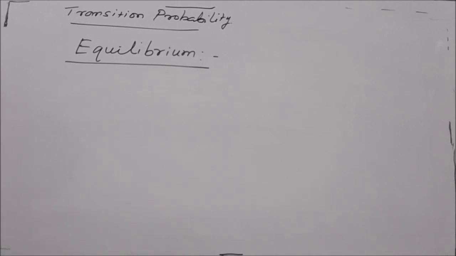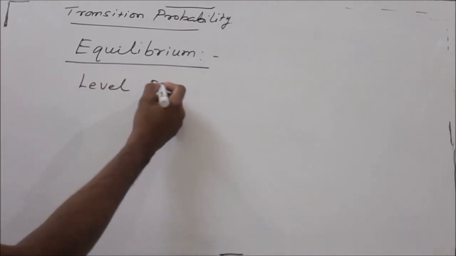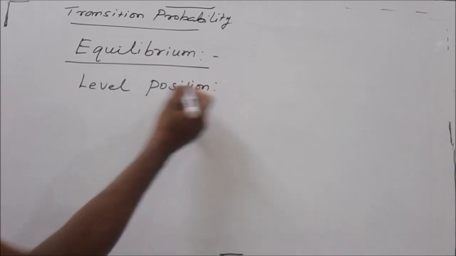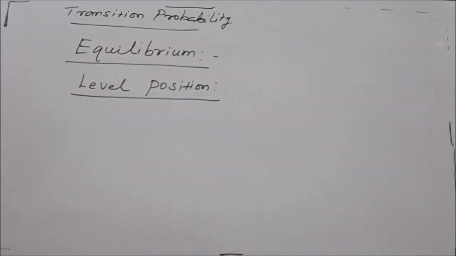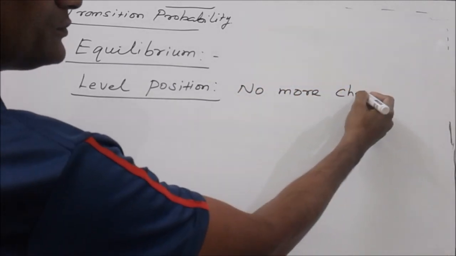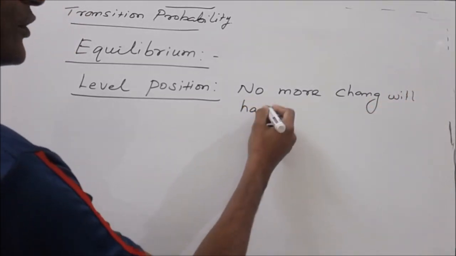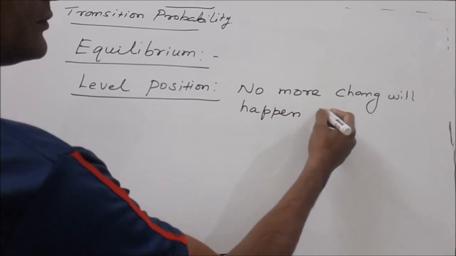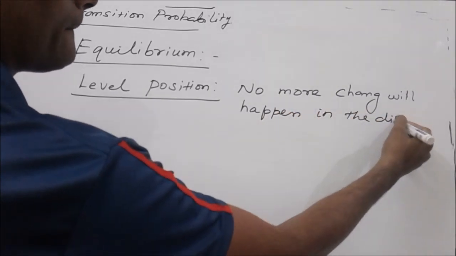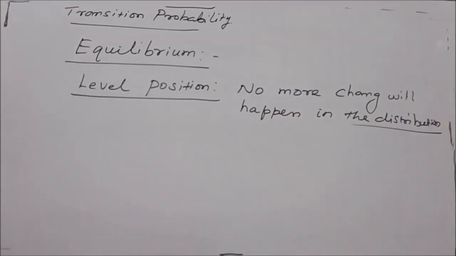Equilibrium means a level position. That is, no more change will happen in the distribution. No more change happening in the distribution is known as equilibrium.